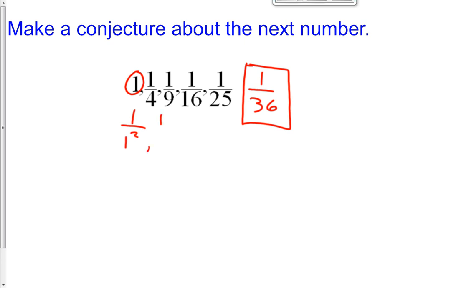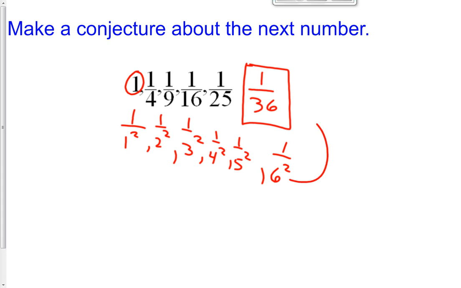Then we have 1 over 2 squared, that's 1/4. 1 over 3 squared is 1/9. 1 over 4 squared is 1/16. 1 over 5 squared is 1/25. So our next number in the sequence, using inductive reasoning, should be 1 over 6 squared. And there you get the number 1/36.